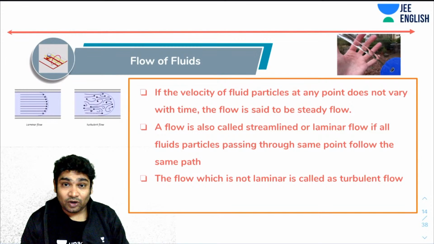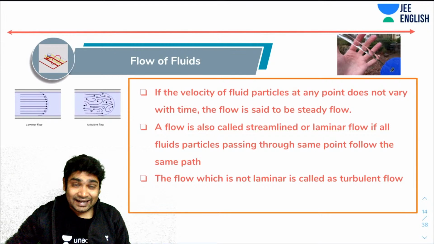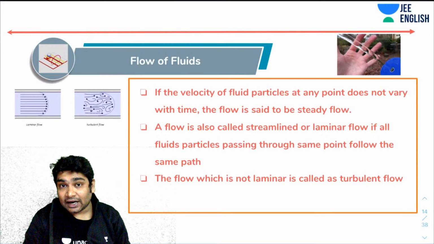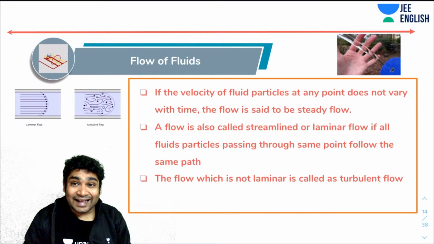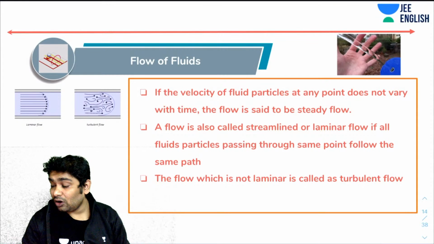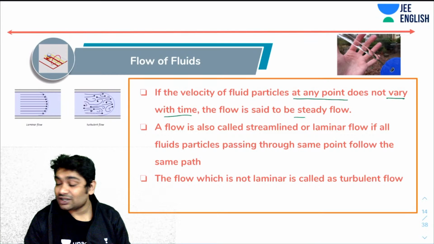So first of all, we will try and classify the flow of fluids. When you talk about the flow of fluids, you have certain kinds of characteristics of a particular kind of flow. If the velocity of a fluid at any point of the flow does not vary with time, then such a flow is called steady flow.